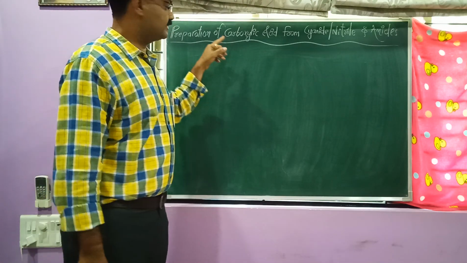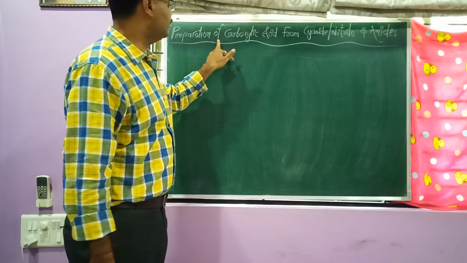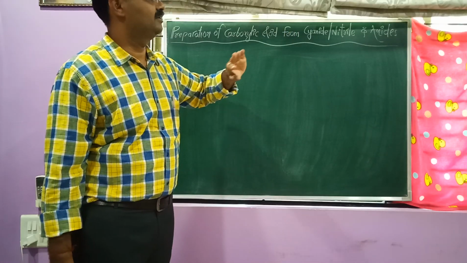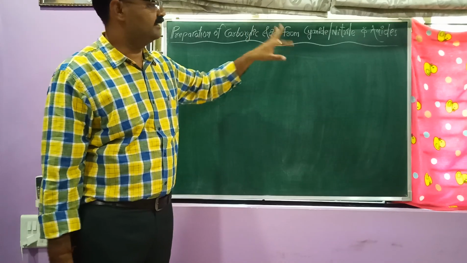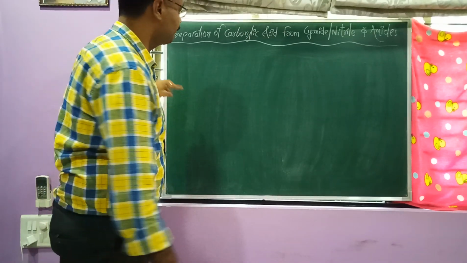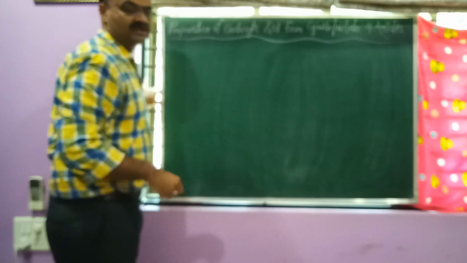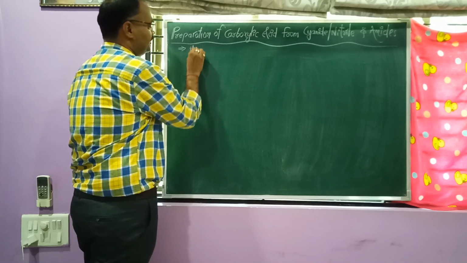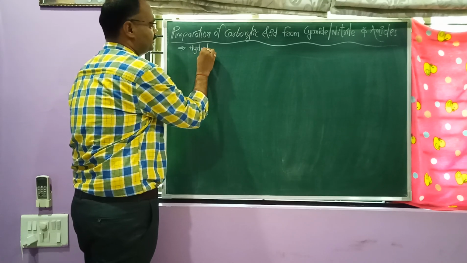Students, in this lecture we discuss preparation of carboxylic acid from cyanide, or nitrile, and amides. This is a hydrolysis process.